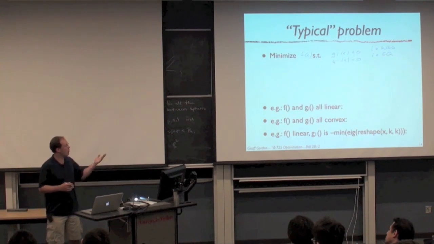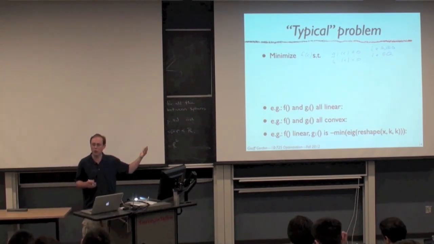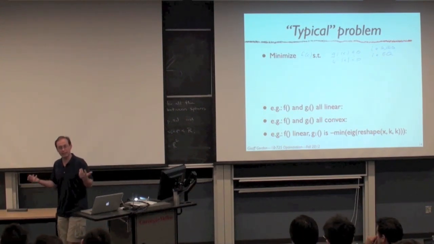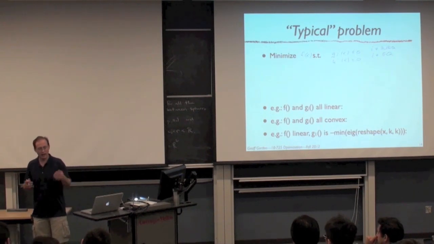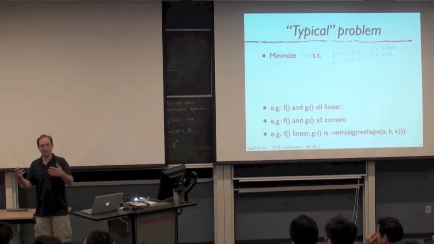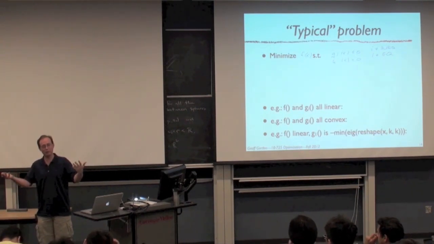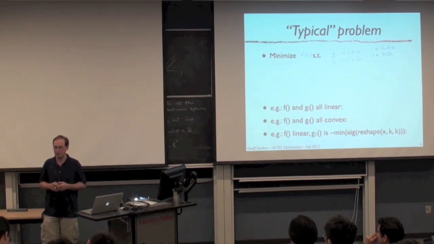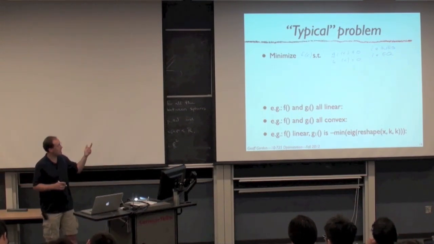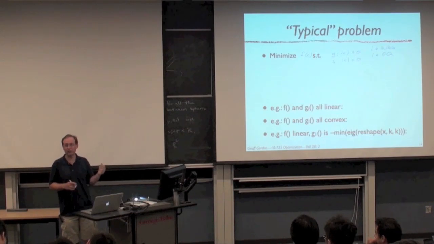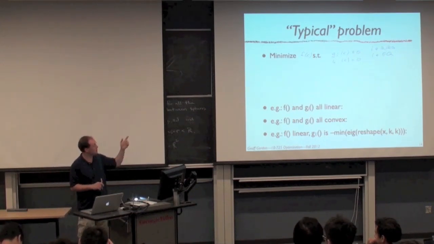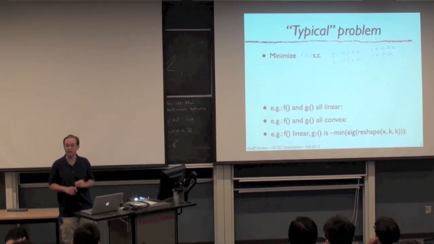Or I could take two inequality constraints and use them to simulate an equality. So ax equals b is the same as ax is bigger than or equal to b and ax is smaller than or equal to b. But it's going to help for the analysis, for the development of our algorithms, to be able to split things apart like this.